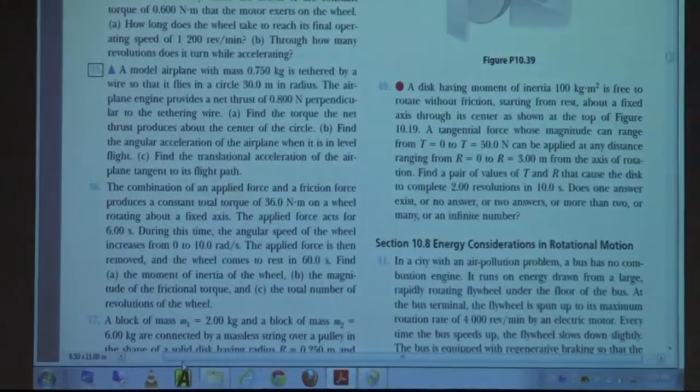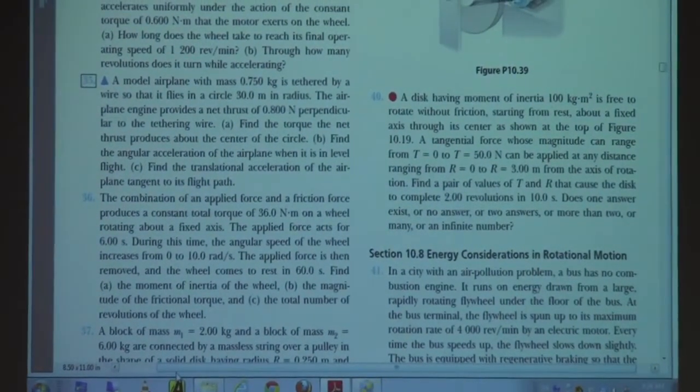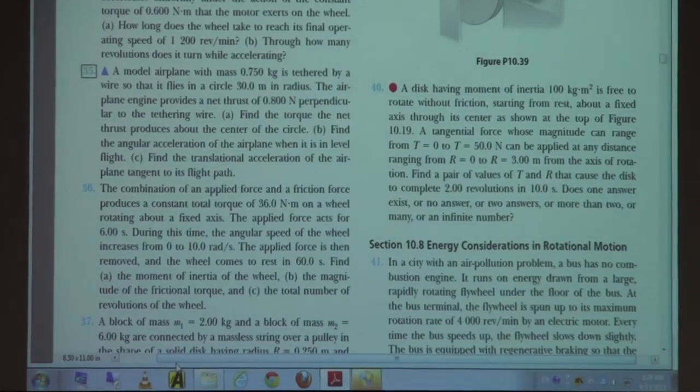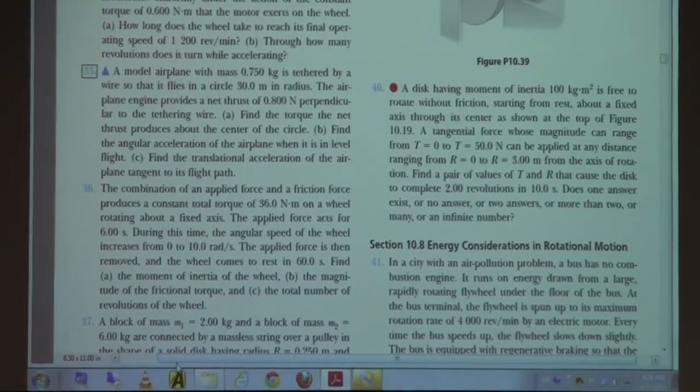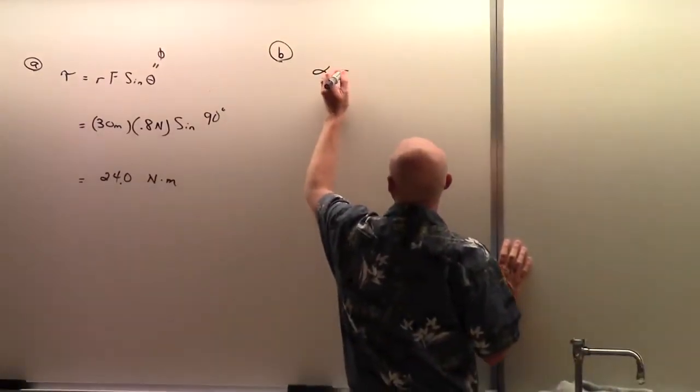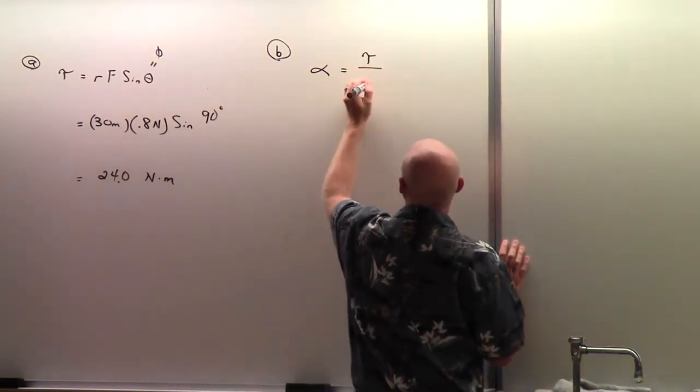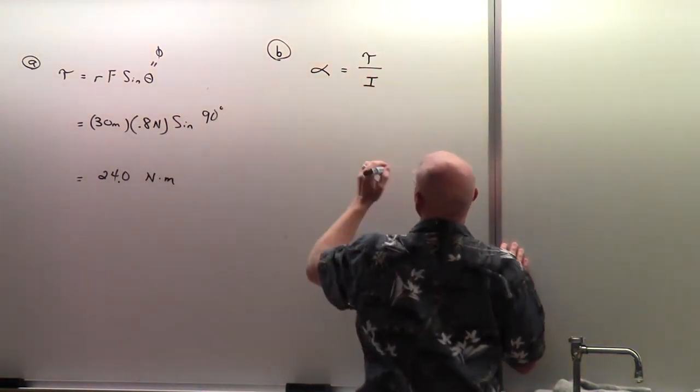Continuing on here, it says find the angular acceleration of the airplane when it is in level flight. All right, angular acceleration. Well, I think what the author would like us to do is to use Newton's second law.